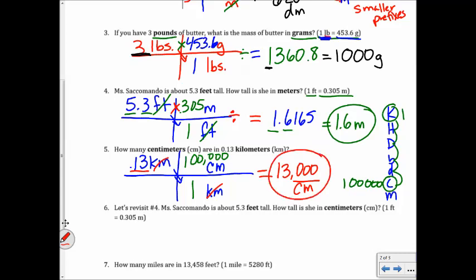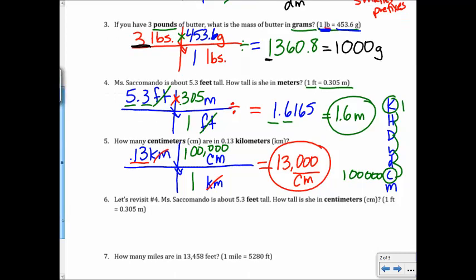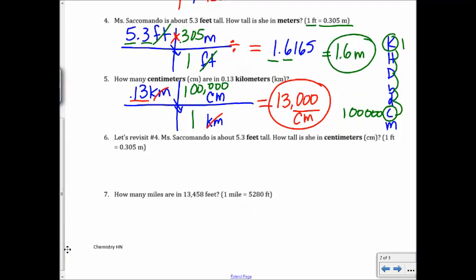Now, for number 6, let's revisit Miss Sacramondo, who's about 5.3 feet tall. Let's think how she's going to be in centimeters. We can do this one of 2 ways. First way, I'm going to set it up as a 2-step problem because we're going to go to centimeters now. So, still put my 5.3 feet up here, upper left corner.